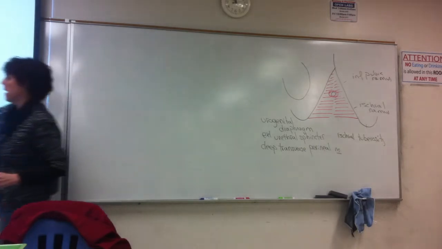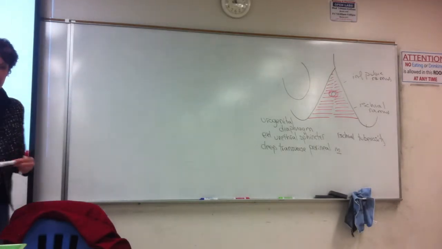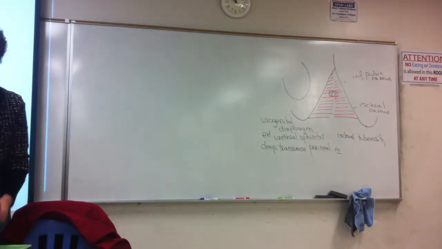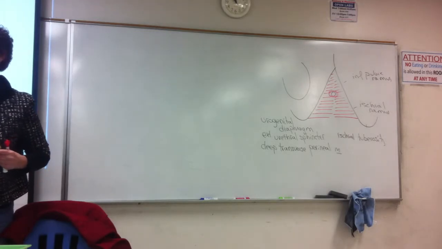So that's covered up by this fascia right here, and on the model is seen right in here, kind of filling in that triangle of all of this space here.